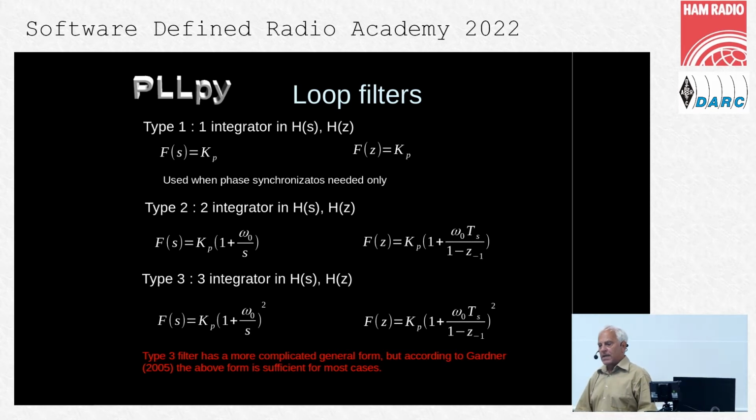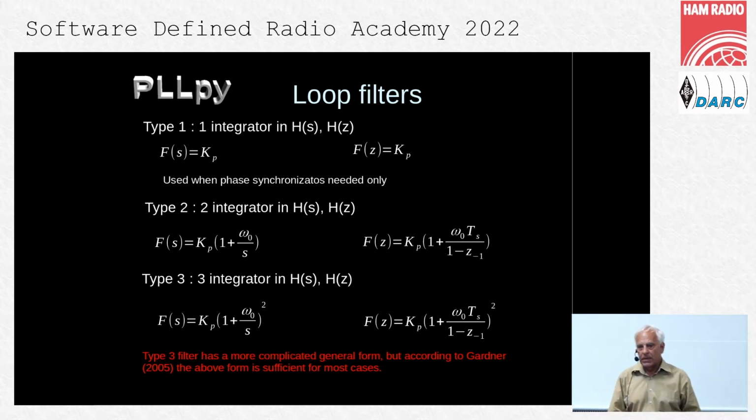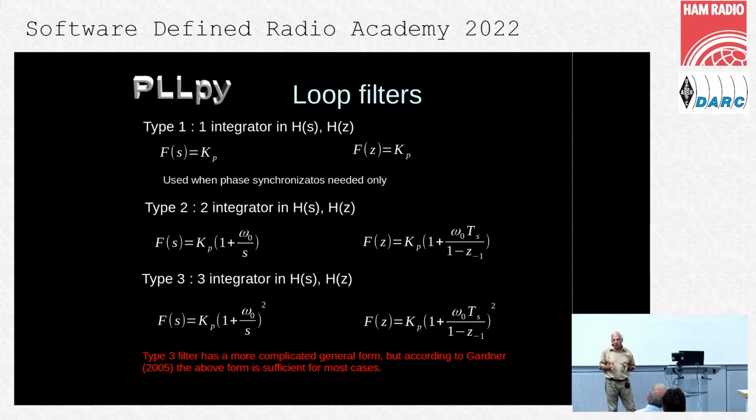The dynamic behavior of the PLL is determined by its loop filter. We can have three types of PLLs: type 1, type 2, and type 3. The number designates how many integrators you have in the open loop transfer function.